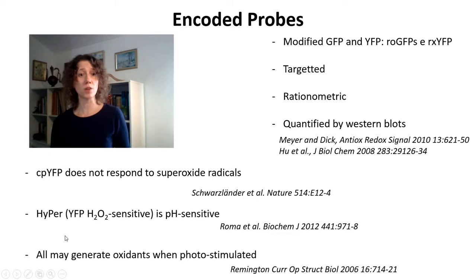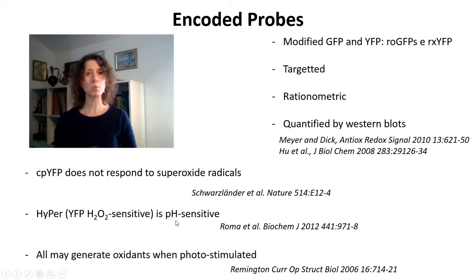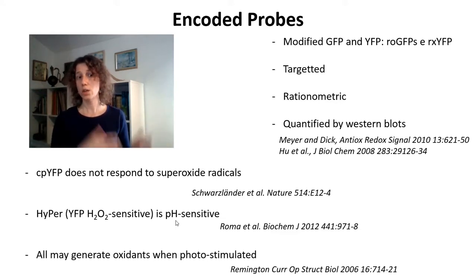HyPer is a probe often used to measure hydrogen peroxide. I think it's a very interesting probe, but it is, as are almost all fluorescent proteins, pH sensitive. And as I said before, many metabolically different conditions involve changes in pH in a cell. So keep in mind that pH might be responsible for changes in fluorescence of these proteins and not just oxidant levels.